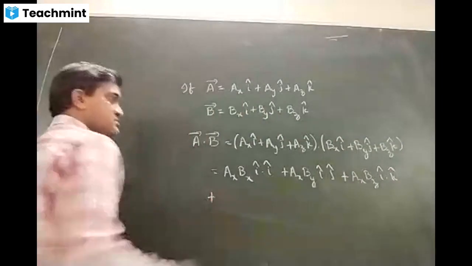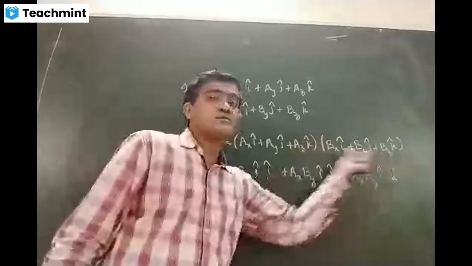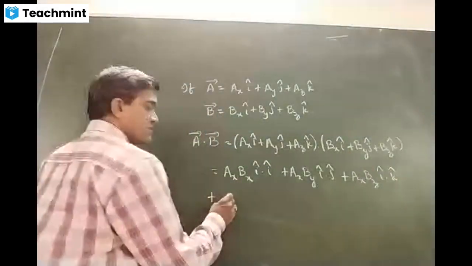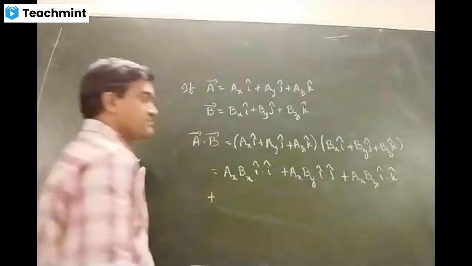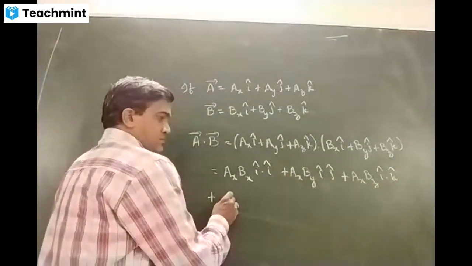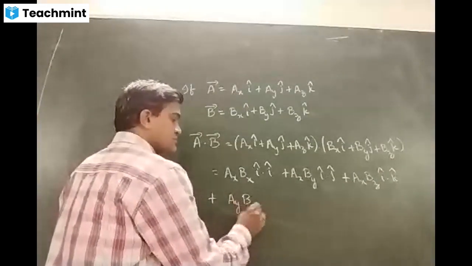Now plus the second term in the first vector, which you need to multiply with all three terms. You tell me, I'll write. AY BX, J cap dot I cap. Very good.